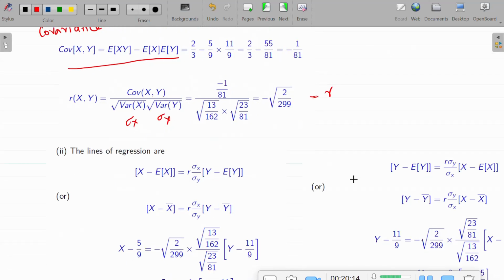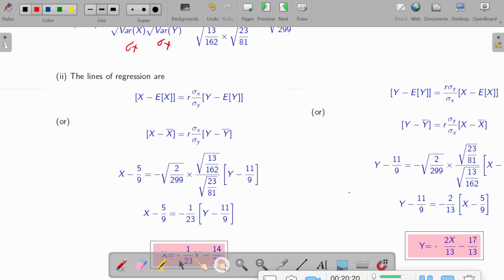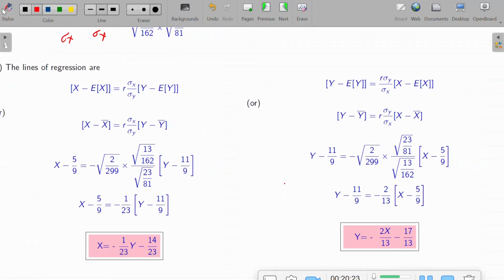So next I have to find the regression lines. We know the form for your regression lines, right? That is x on y and y on x. So x on y, we know it is x minus x bar equals r times sigma x upon sigma y times y minus y bar. So substitute your x bar 5 by 9 and your r value, which is negative, and your sigma x, sigma y. Make a simplification. So you'll get x minus 5 by 9 is equal to minus 1 by 23 times y minus 11 by 9.